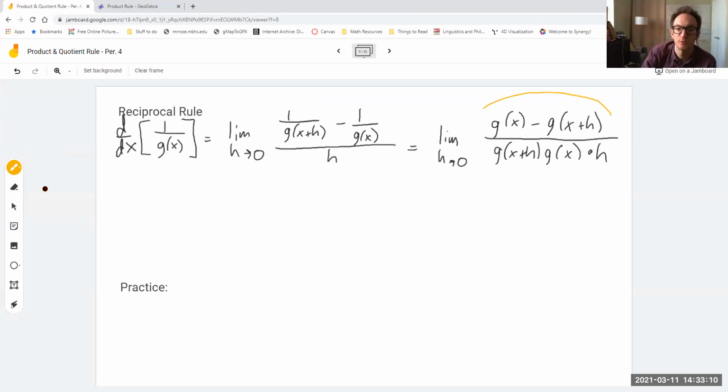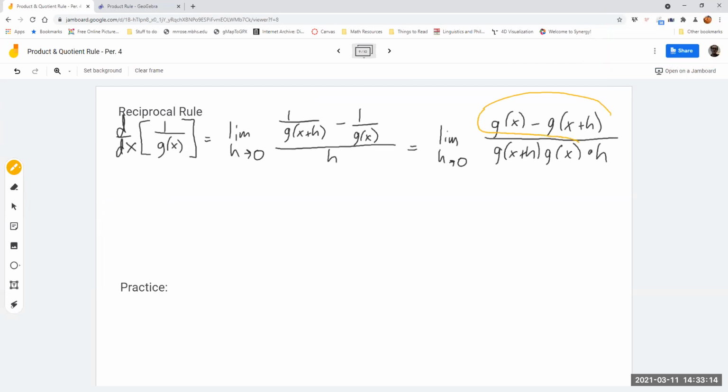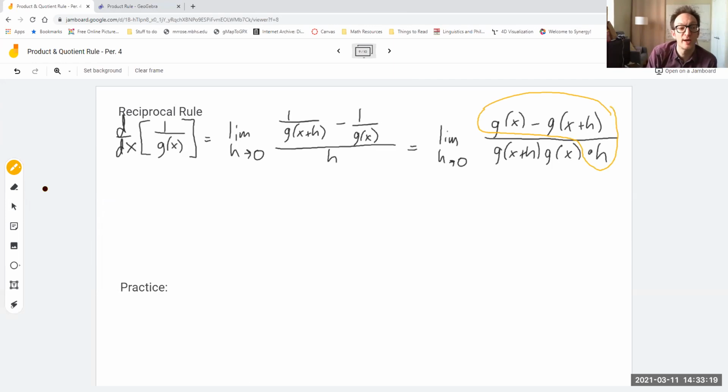You're supposed to recognize this in seconds: that numerator is basically the numerator in the definition of the derivative, except reversed, yeah? Okay, so what is everything I just circled in yellow? It's basically like the opposite of the derivative of g, essentially, right?